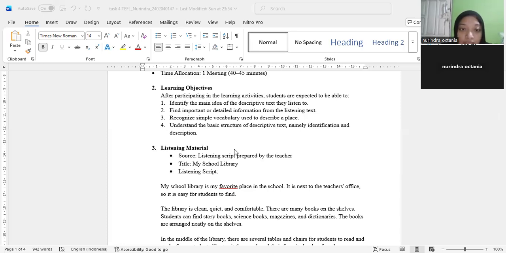After participating in the learning activities, students are expected to be able to identify the main idea of the descriptive text they listen to, find important or detailed information from the listening text, recognize simple vocabulary used to describe a place, and the last, understand the basic structure of descriptive text, namely identification and description.